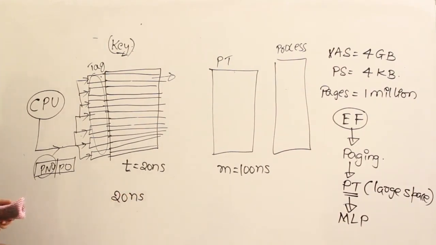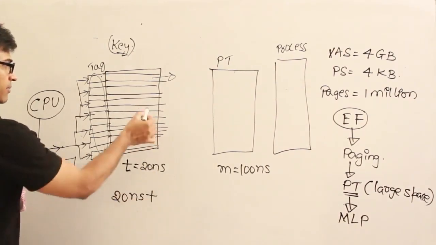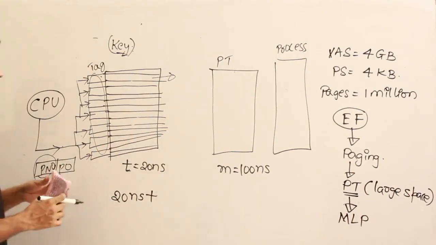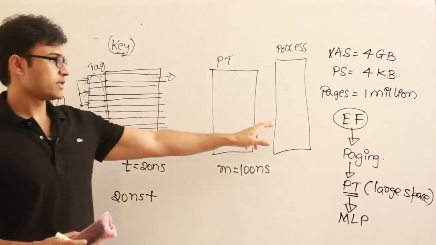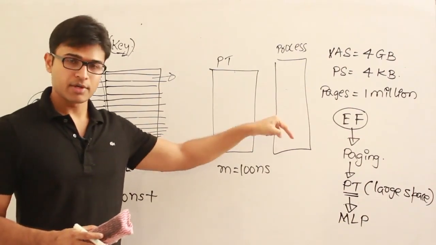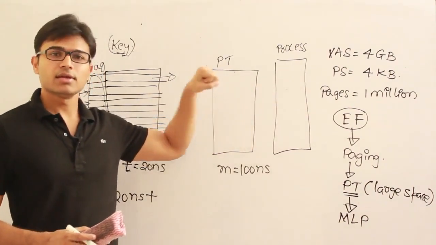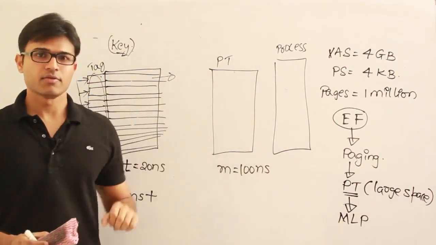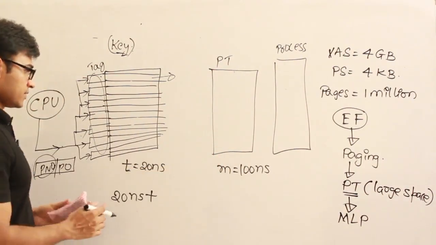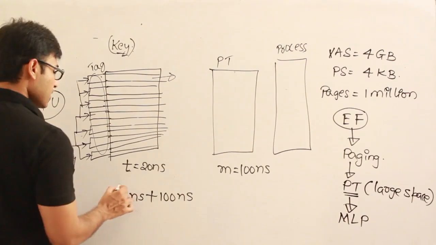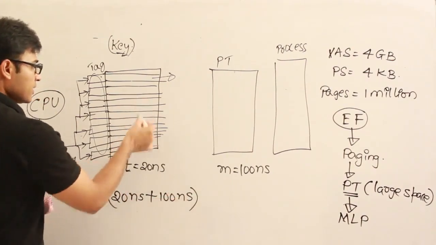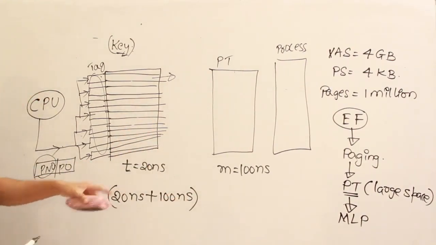Then after you get the frame number from the TLB, you can directly convert your virtual address to a physical address, go to the process in main memory, and get the concerned word in 100 nanoseconds. So if you can find the entry inside the TLB, the time taken is just 120 nanoseconds, right?